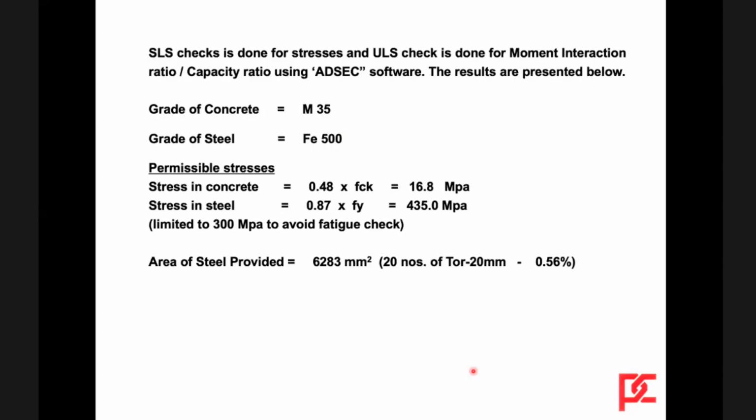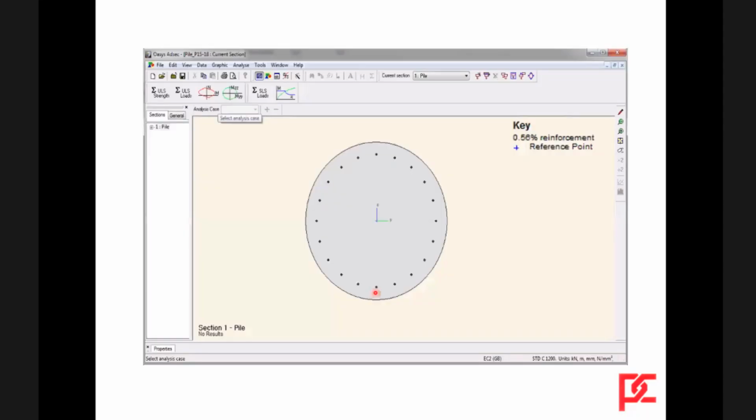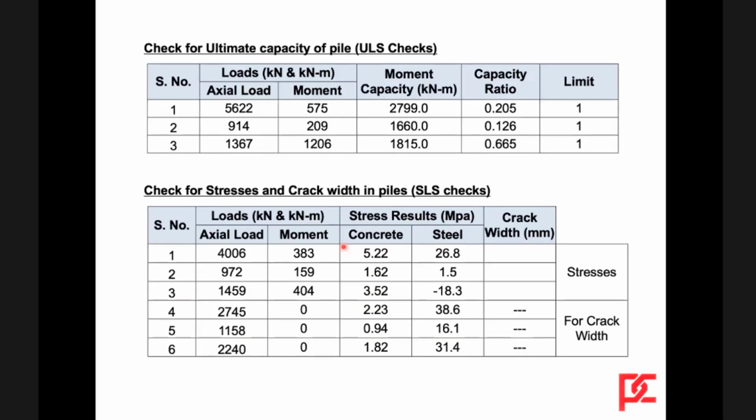With this, again using AdSec software, we have calculated the ULS check and SLS check. This is the arrangement, and we find that the capacity utilization ratio is 0.665.